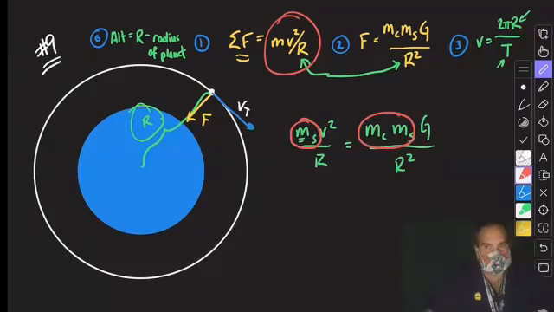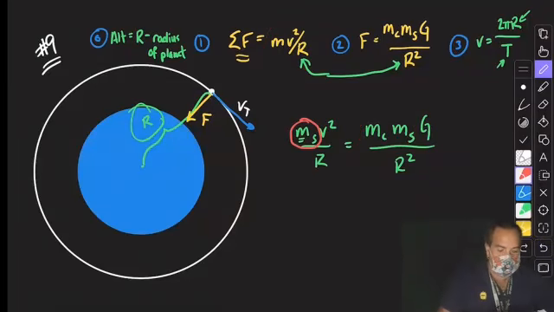Gravitational mass causes gravity. Inertial mass resists changes in motion. It's inertial mass in Newton's second law, and it determines the acceleration. So I want to be very clear that we need to recognize when we're dealing with inertial mass versus gravitational mass, because AP wants us to recognize the difference. But they measure to be the same value, which means I can cancel it out.